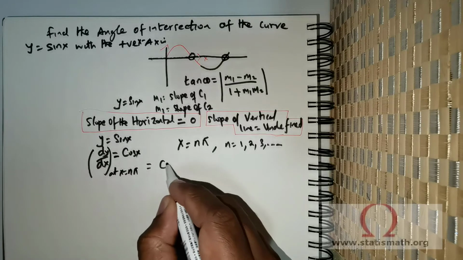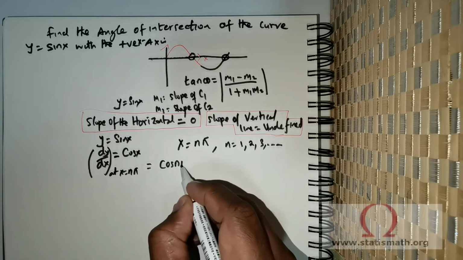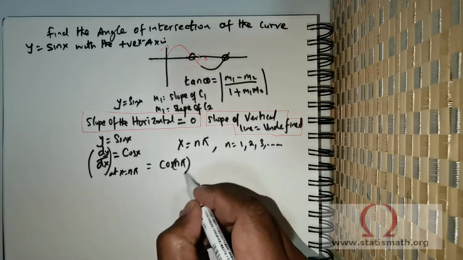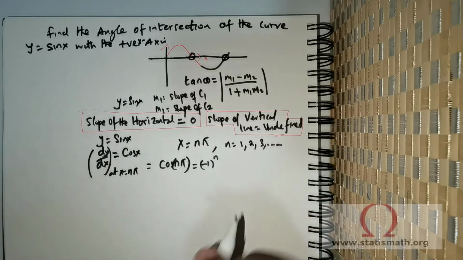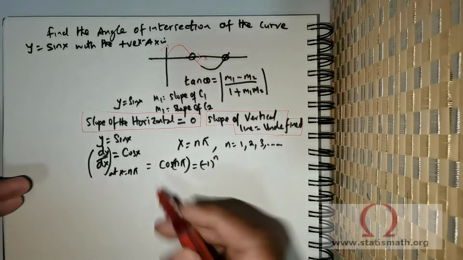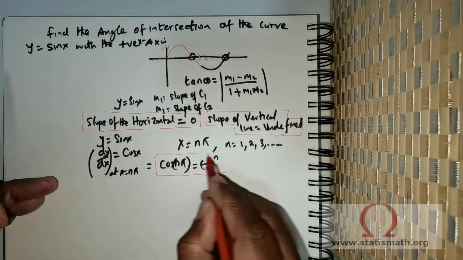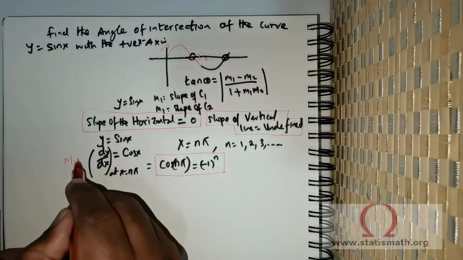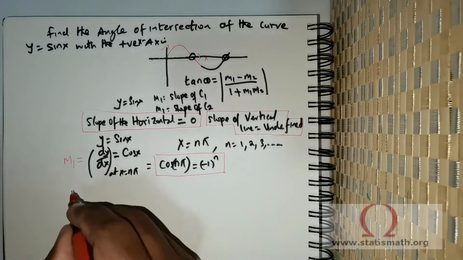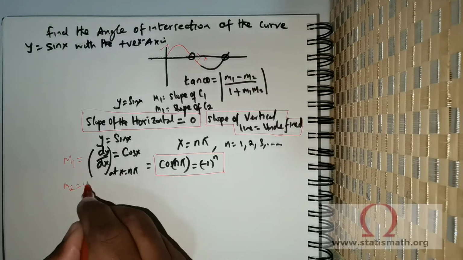So that means you have to know what happens to cos n pi. Now we all know that cos n pi is negative 1 raised to the power of n. So you have to know this important information. Now this is my m1. I also know m2 is equal to 0.